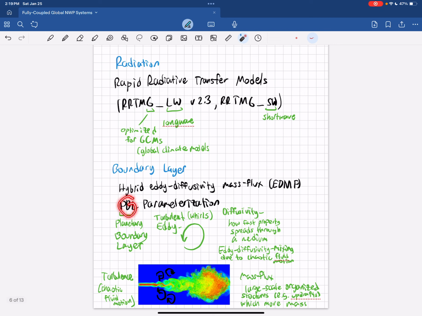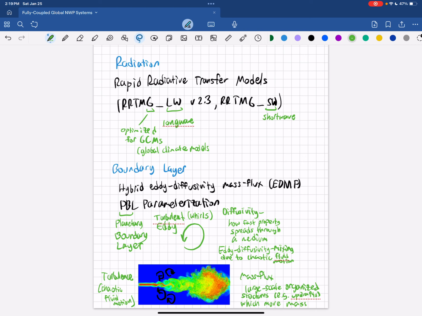PBL means planetary boundary layer as before, and what does eddy mean? Eddy is these turbulent motions, and turbulent means like a whirl.